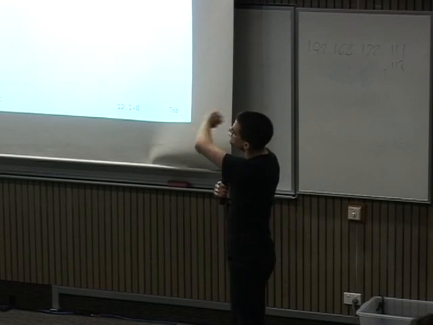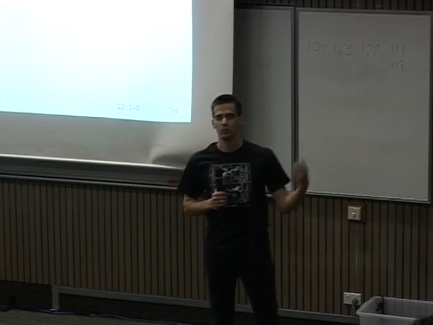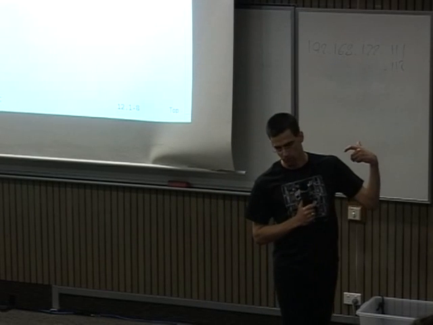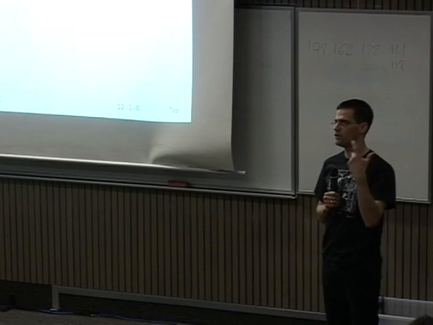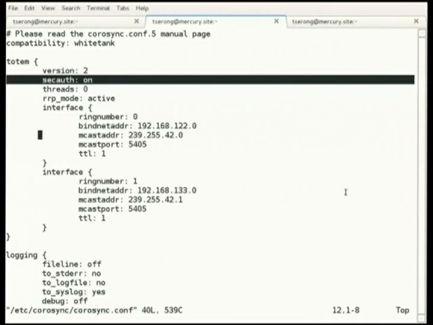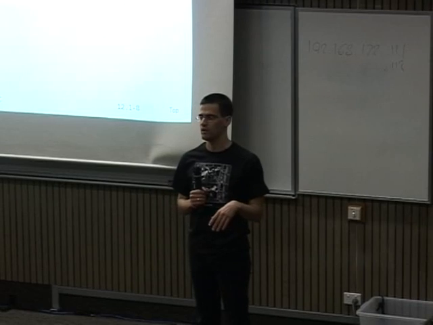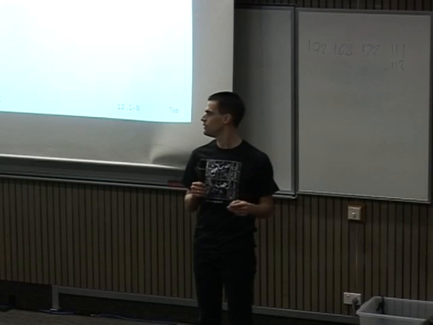We also use secauth equals on, which means that we are using mutual node authentication with cryptographic hashes. And for that, we have another file in that same directory called authkey. And that can be basically any 128-byte arbitrary secret. So I just generate them out of /dev/urandom, but you can also... There's a corosync-keygen.